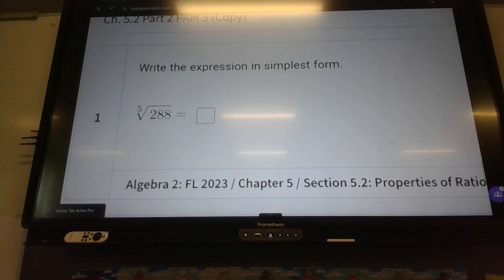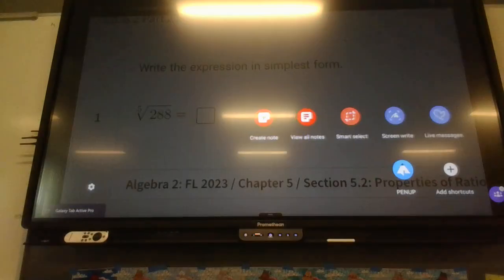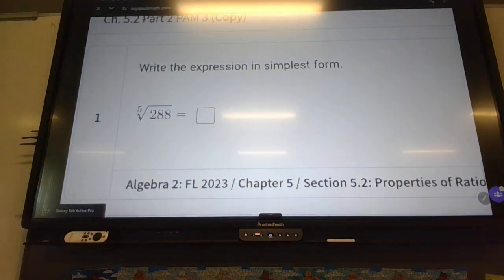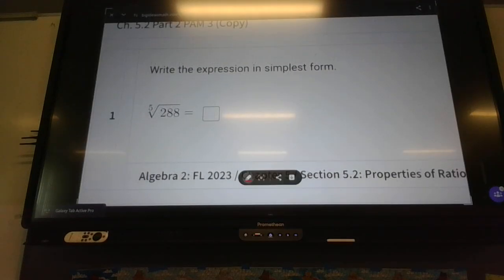Anybody? Ooh, it does. Somebody picked up a calculator and tried it. 288 divided by 32 is 9. And I picked 32 because I'm looking at numbers to the 5th power. 2 times 2 times 2 times 2 times 2.